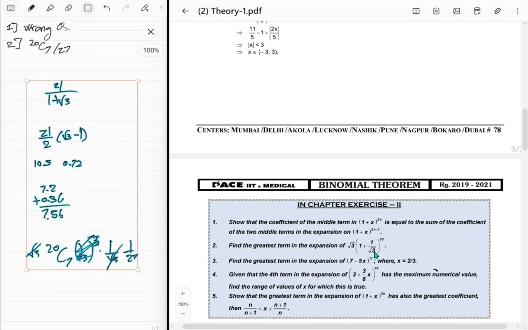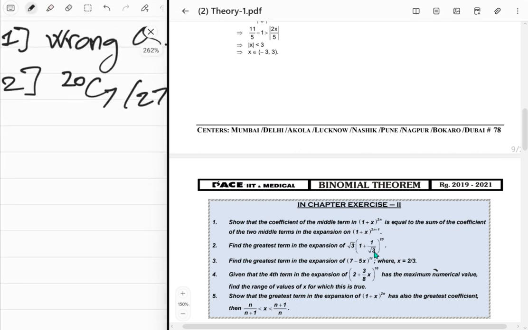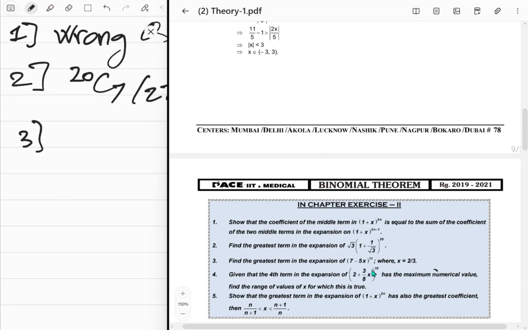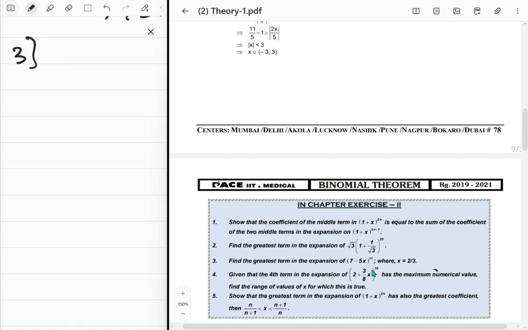Okay, let's go to 3. Third is find the greatest term in the expansion of this, where x is equal to 2 upon 3. Once again, if you gave us the x value, why do you want to expand this? But let's do it. So greatest term. They only told about the numerically greatest term.